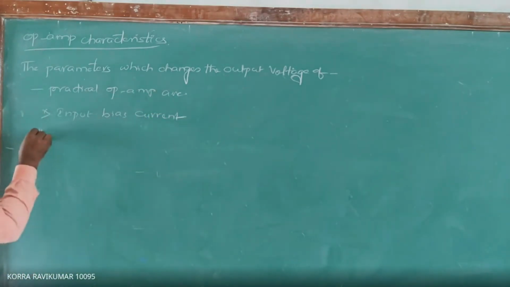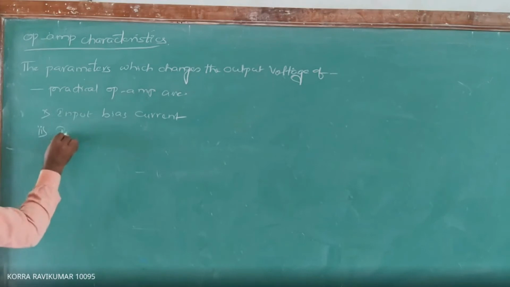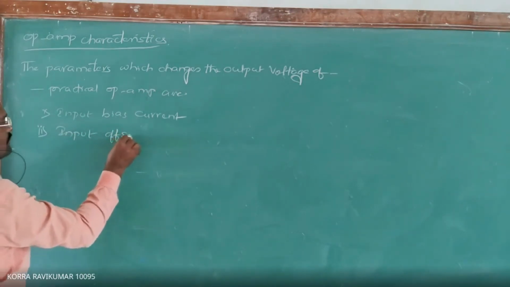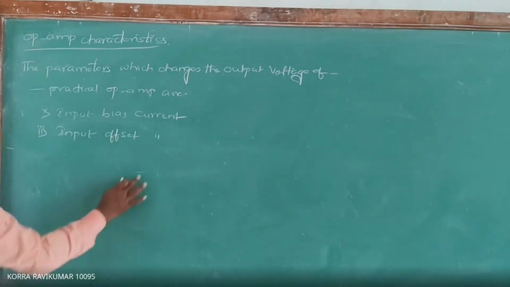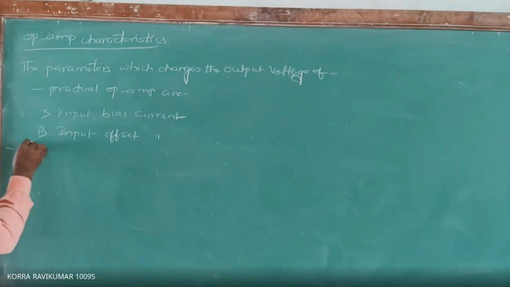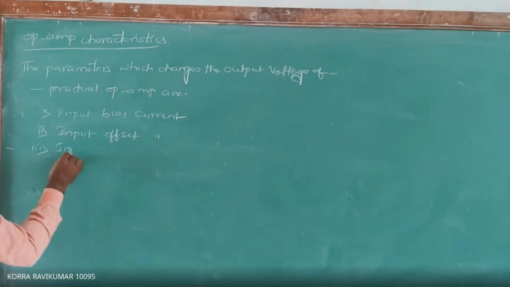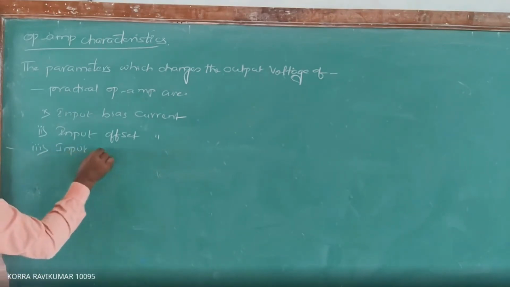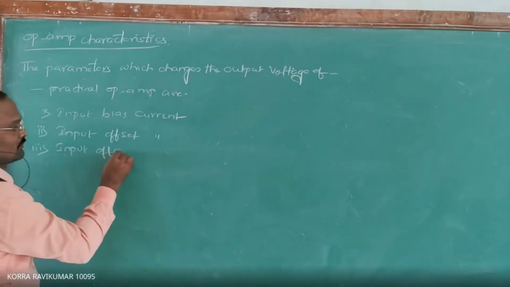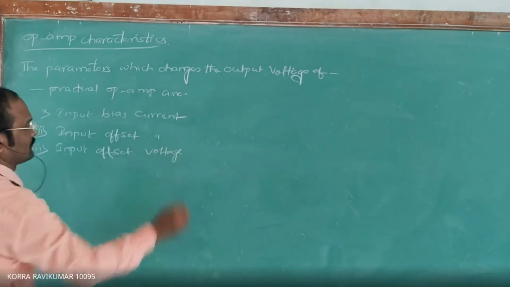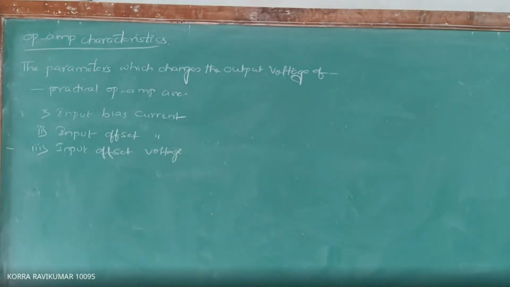Second one is input offset current. Third one is input offset voltage. And the fourth one is thermal drift.